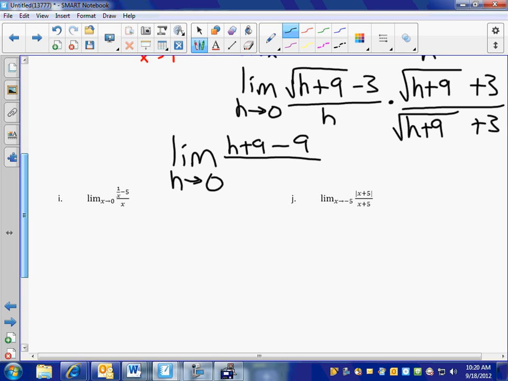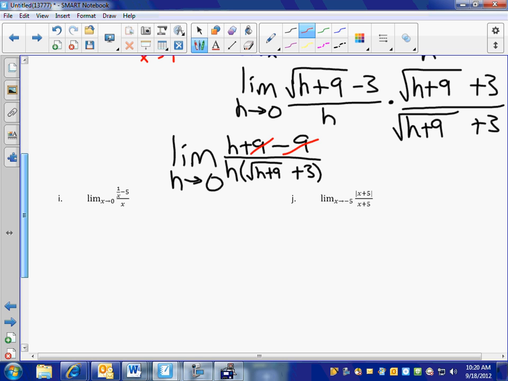Divided by, now don't distribute. We just write this. H times parentheses, square root of h plus 9 plus 3. Okay. What's going to happen to the 9s? The 9s do, in fact, cancel.